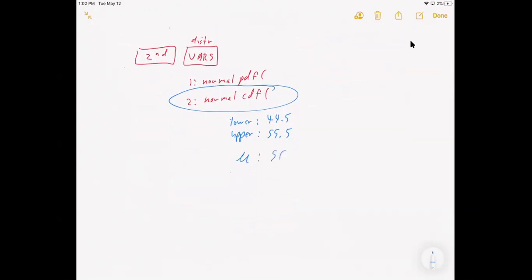So we're going to put in 50. That is the symbol for mean in statistics when you have an entire population. And then it has a symbol sigma, which is used for standard deviation for a population. So we want to enter the number 5 for our standard deviation.